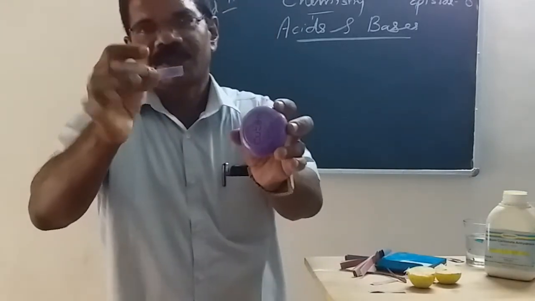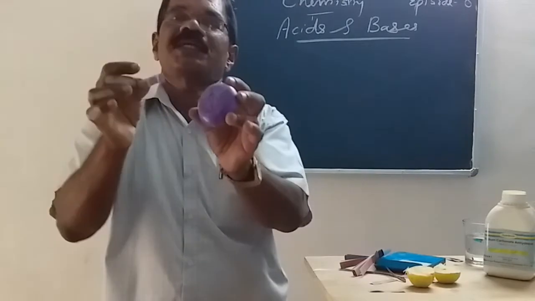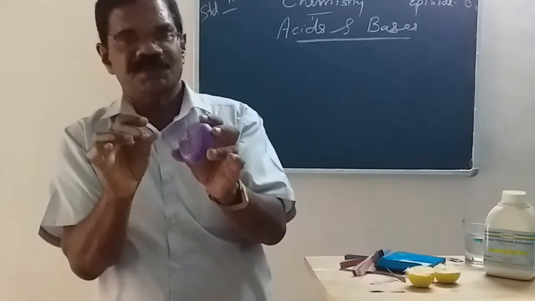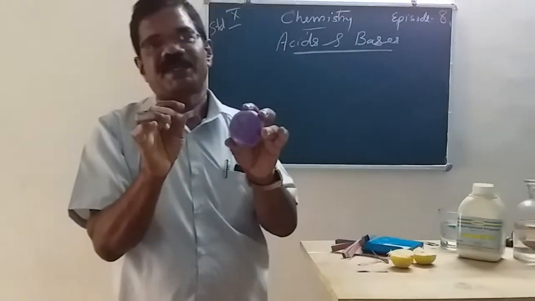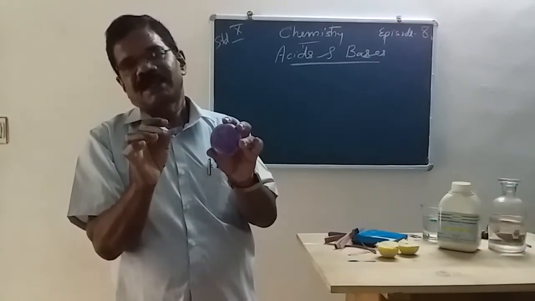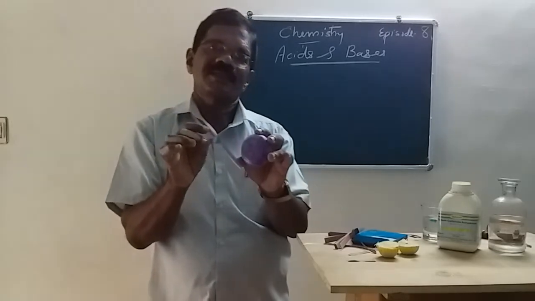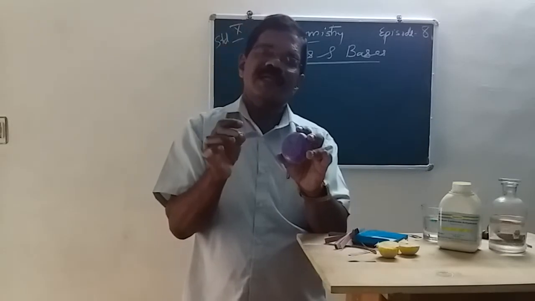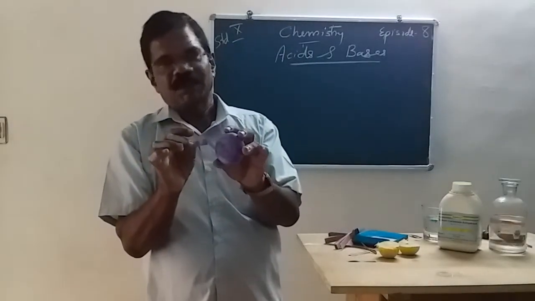So we can repeat it using any other base, such as calcium hydroxide or potassium hydroxide. What is the conclusion? What is the color of litmus paper in acids and bases? Acids turn blue litmus red. Bases turn red litmus blue. This is by using the physical properties.